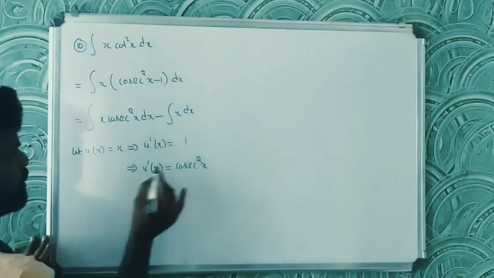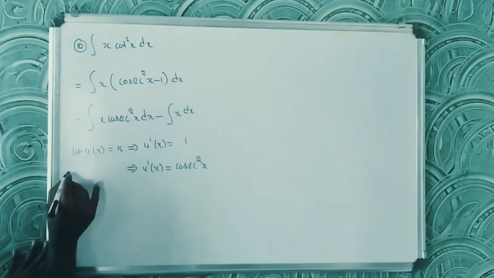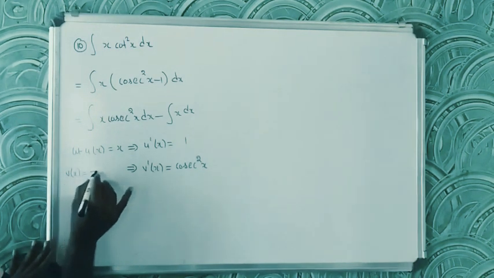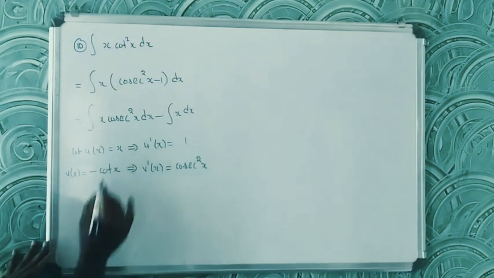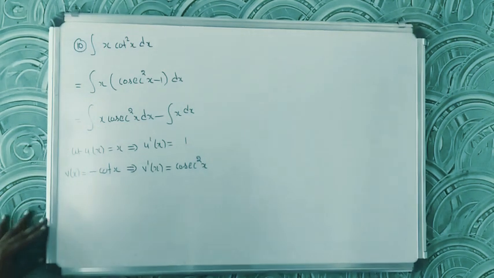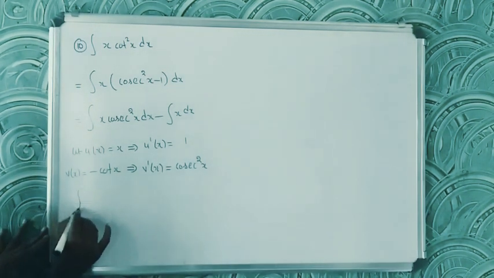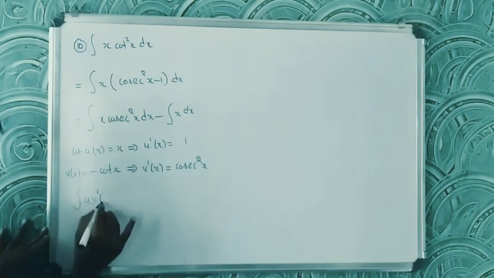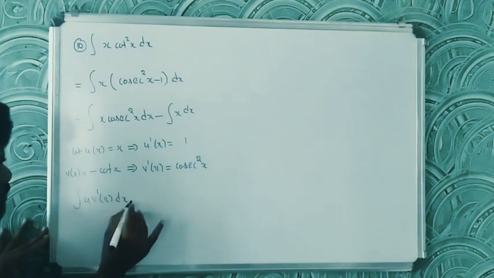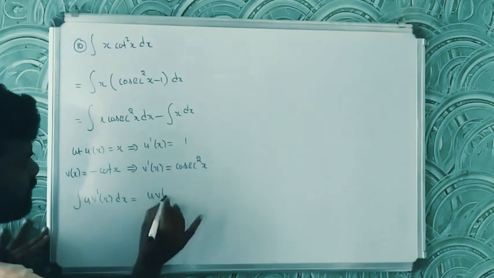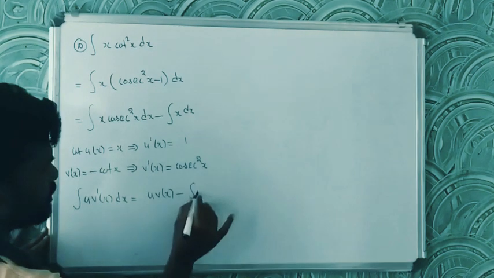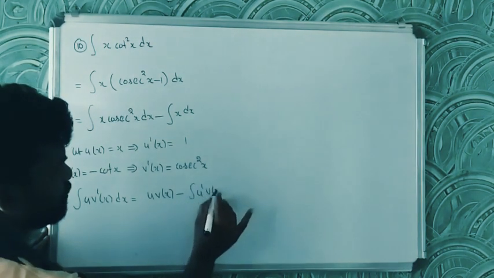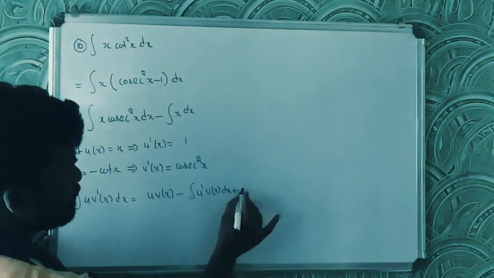This implies integration of cosecant square x dx is minus cot x. So integration of u v dash of x dx is equal to u v of x minus integration of u dash into v of x dx plus c.